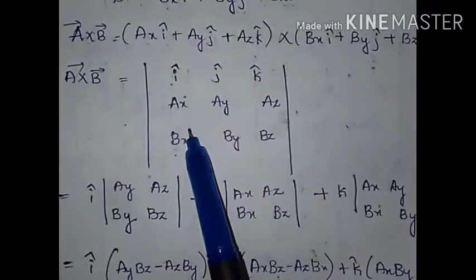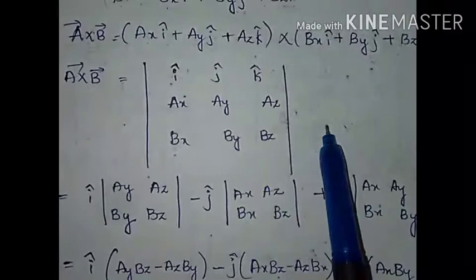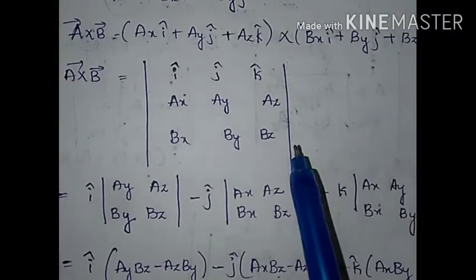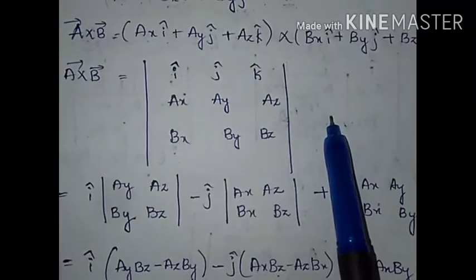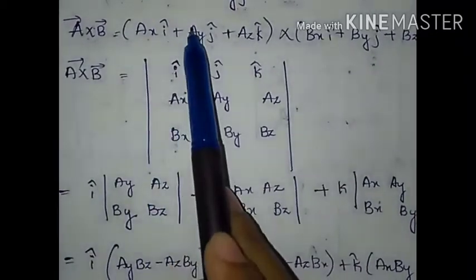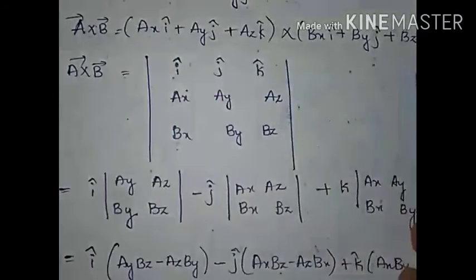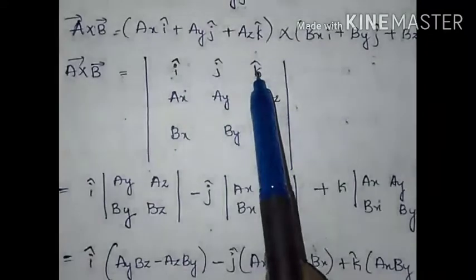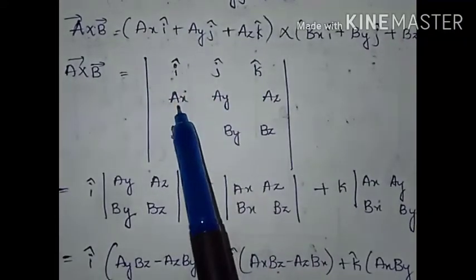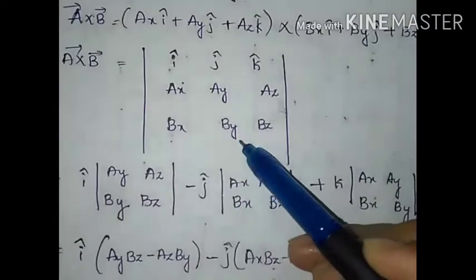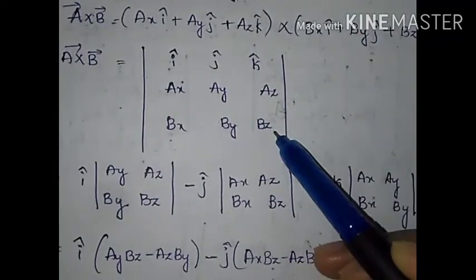This is the easiest method; there is one more method given in your textbook, but this is the easiest way to find A cross B. We write this in terms of i, j, k and the components along the x-axis, y-axis and z-axis.